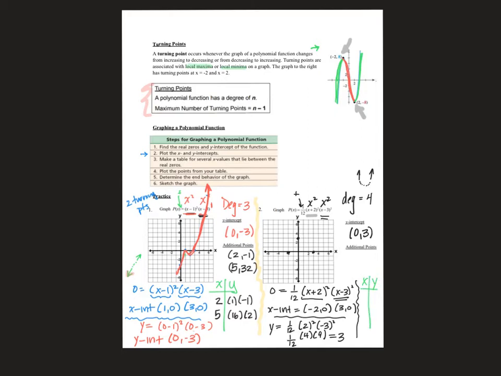I'm going to look for a point on each side of this zero. So here, let's say I plug in -3, see what y we get from that. Let's say I plug in -1, see what happens there. Let's say I plug in +1, and let's say I plug in +4. Let's see what happens with those values.